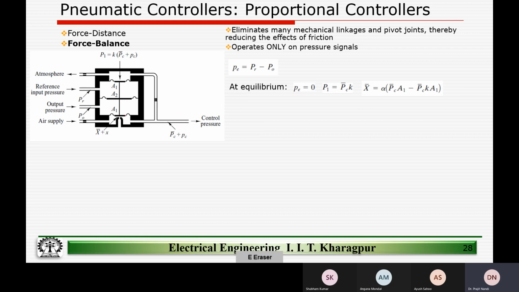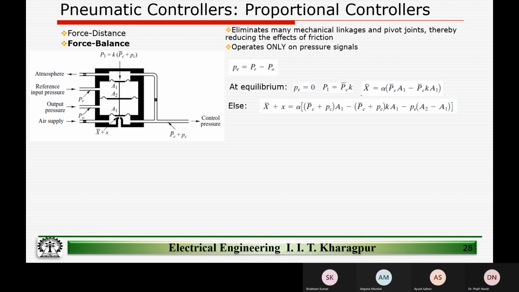So then whatever is the location of this surface here, that will be given by the pressure difference seen at this chamber, and this is of course PC, right?